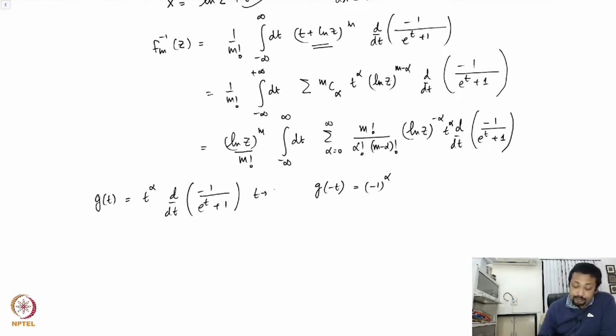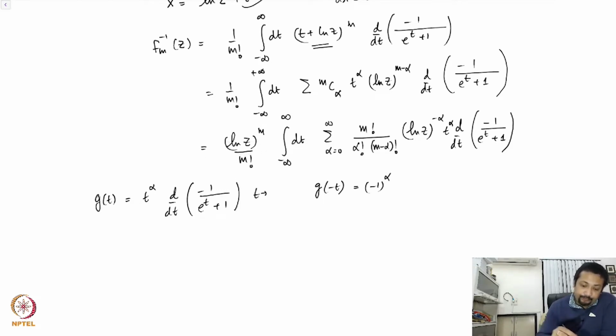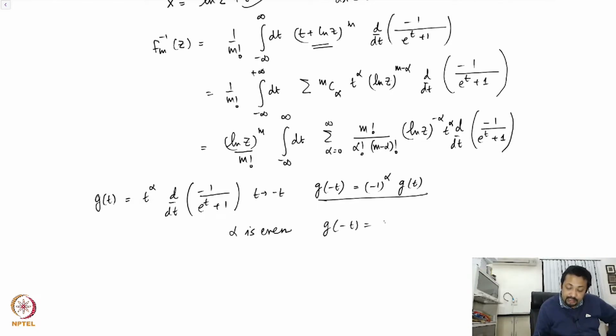So if you substitute t for minus t, then you get g of minus t in terms of g of t. So if you look at it, you see that if alpha is even, then g of minus t is exactly g of t. That means g of t is an even function.